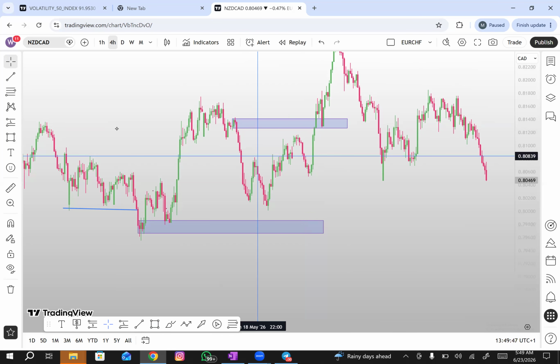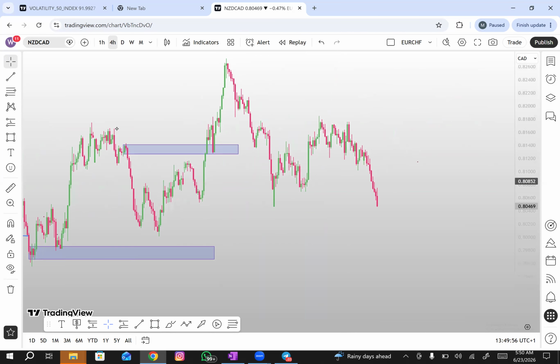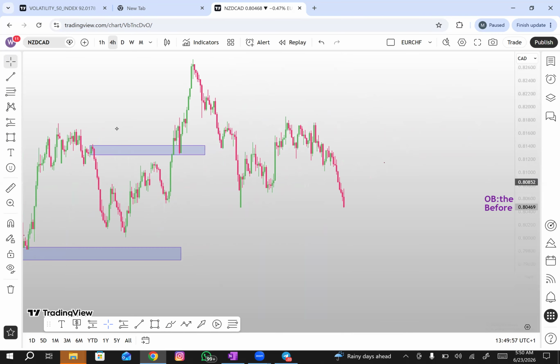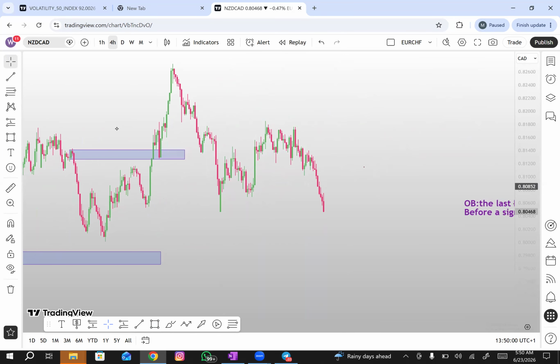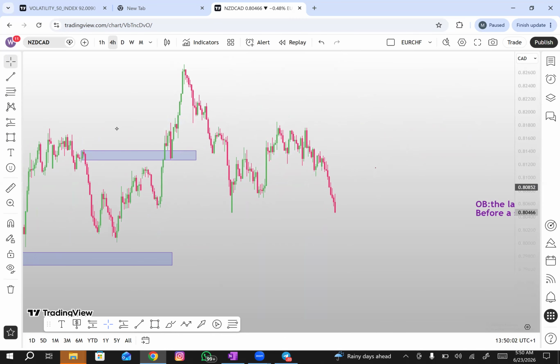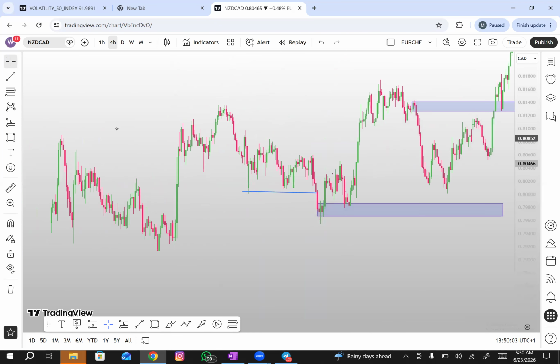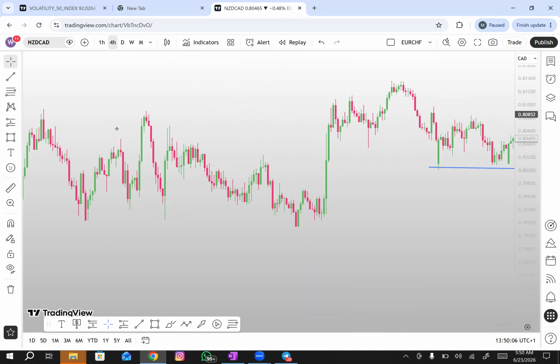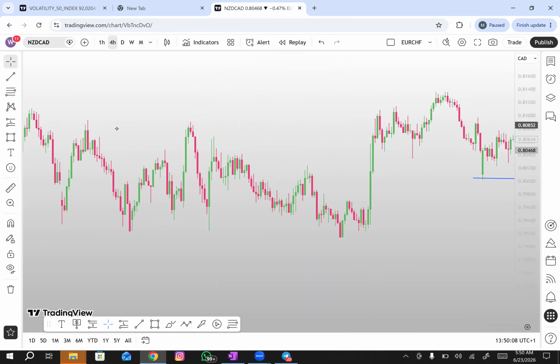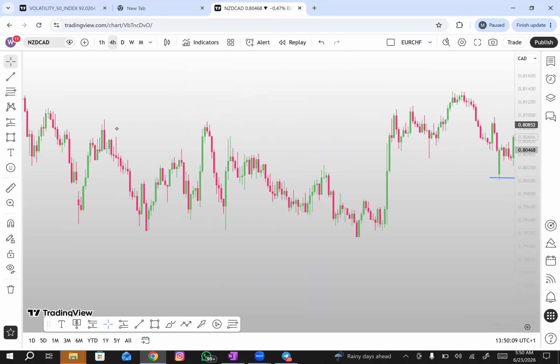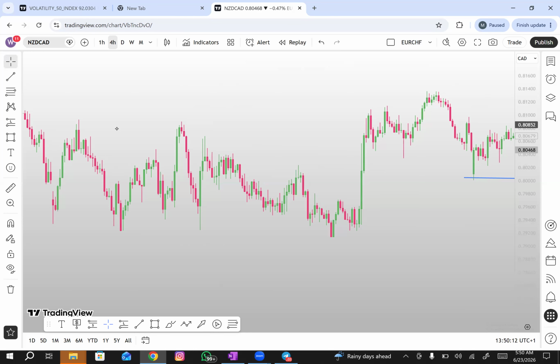As you can see, right here is your order block. If you look into the chart, you find order blocks everywhere.